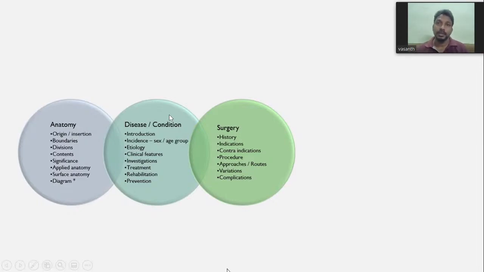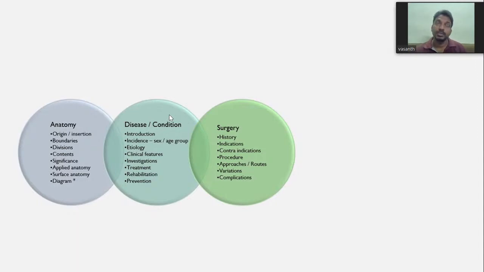And then come the etiological factors, the pathogenesis, the clinical features, the signs and the various symptoms, and then how you go about investigating it to give the diagnosis, and then the treatment part. And if there are any rehabilitation and prevention measures, yes, you have to add that too. So if you read everything in this manner, then it will be very easy for you to reproduce.